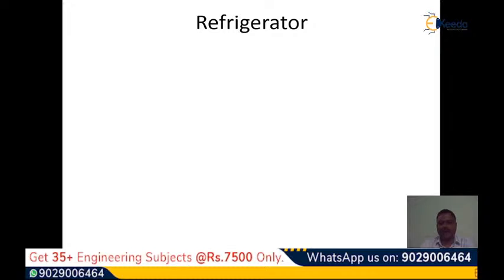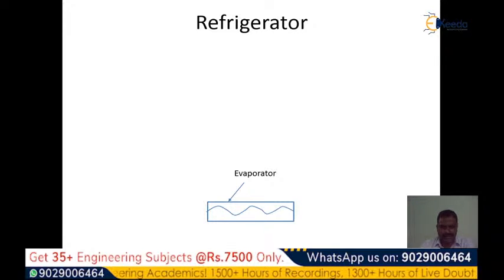So let us see how exactly this refrigerator works and how it is related to this energy transfer. For that I will start with one very important component that is usually called the heart of the refrigerator, that is the evaporator. Earlier I told you about the condenser.